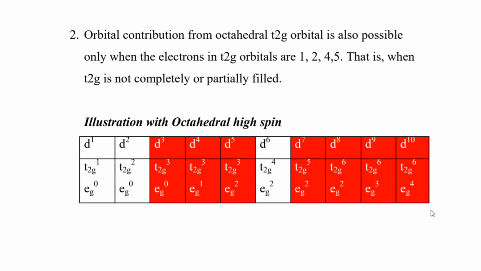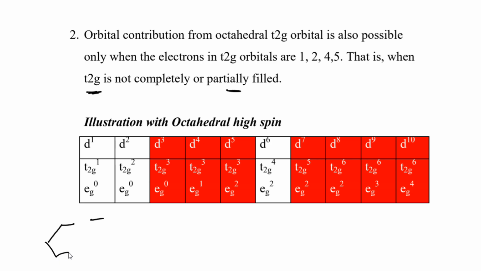Another way to check whether there is going to be orbital contribution, which we've already explained in the first point: orbital contribution from octahedral T2G orbitals is possible only when the electrons are in 1, 2, 3, 4, that is, when the T2G is not completely or half filled.